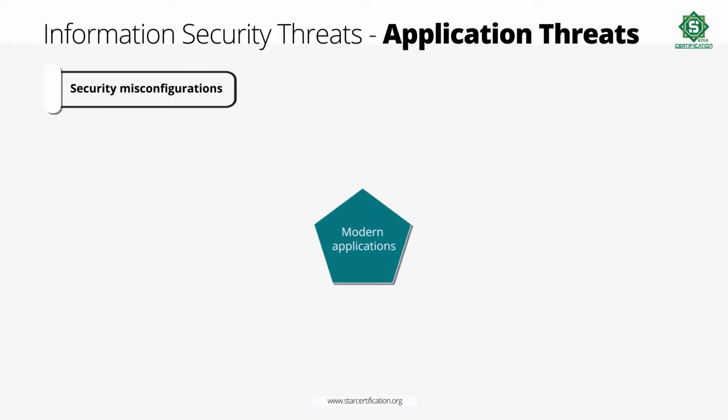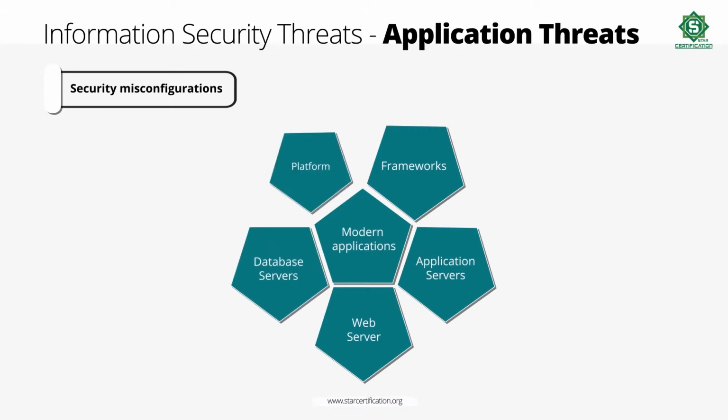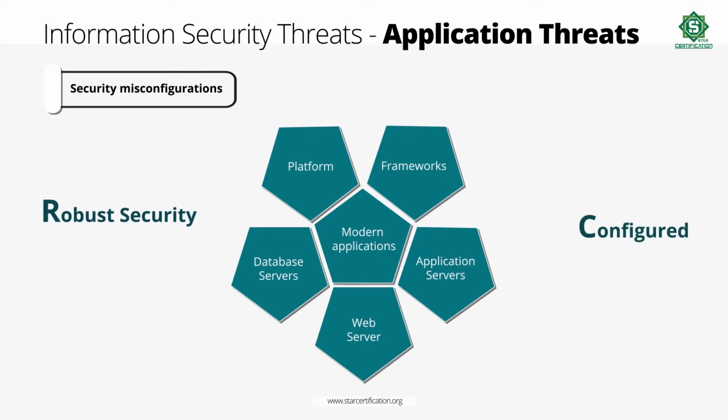Modern applications have multi-layered sections, including frameworks, application servers, web servers, database servers, and platform. Each of these layers needs robust security. If any layer is not properly configured, the security of all other components could be jeopardized.